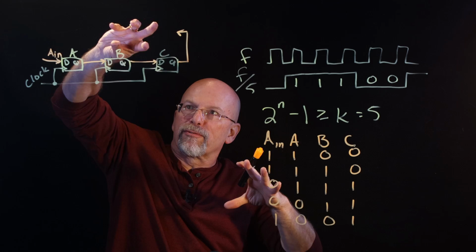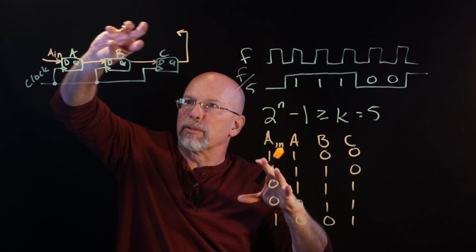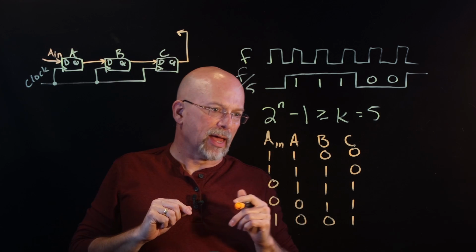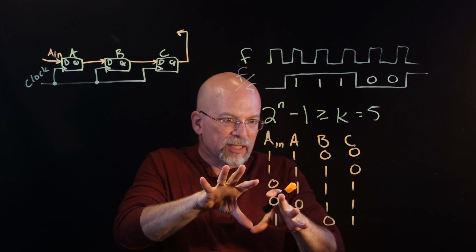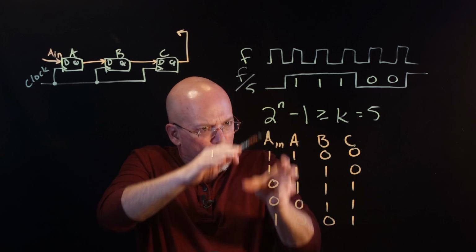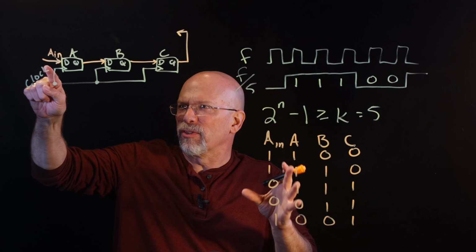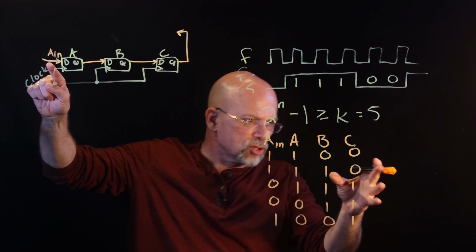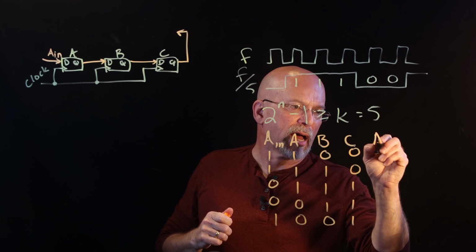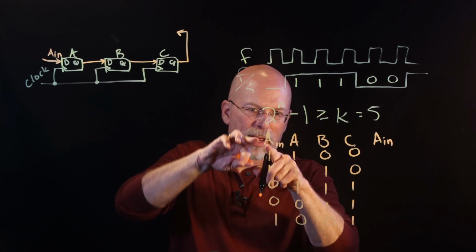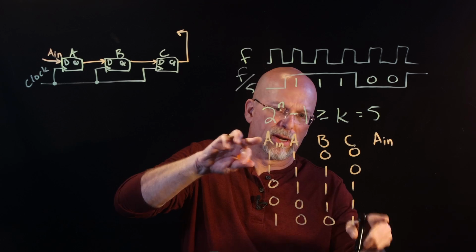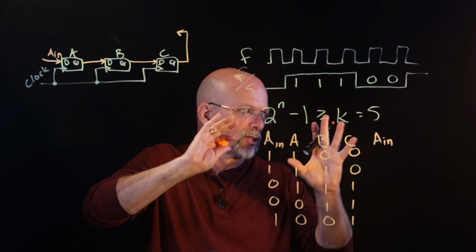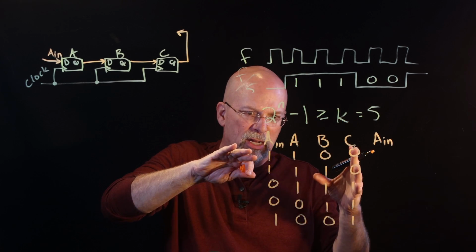What we're looking for is the function that goes in between here to drive A in. And so really this is a truth table, except the signal that I'm trying to find the expression for is A in, and usually you have that on the right side of your truth table. So I'm actually going to move this over here so that it makes more sense logically in our development.